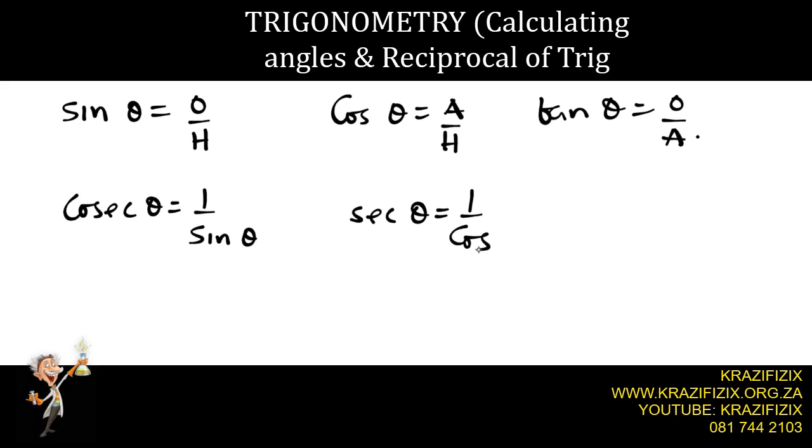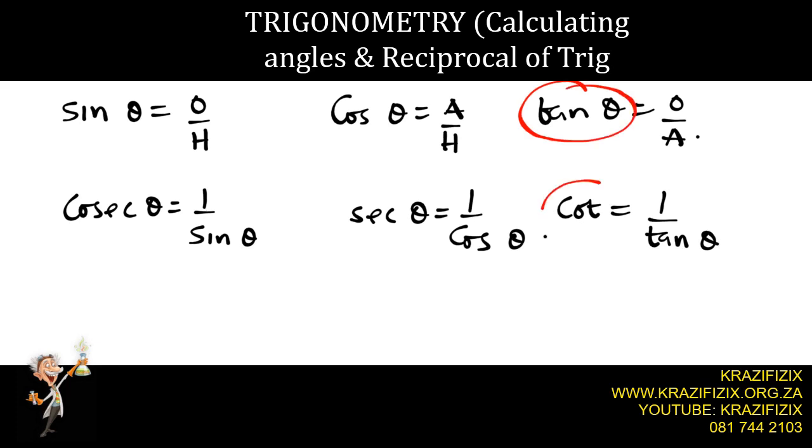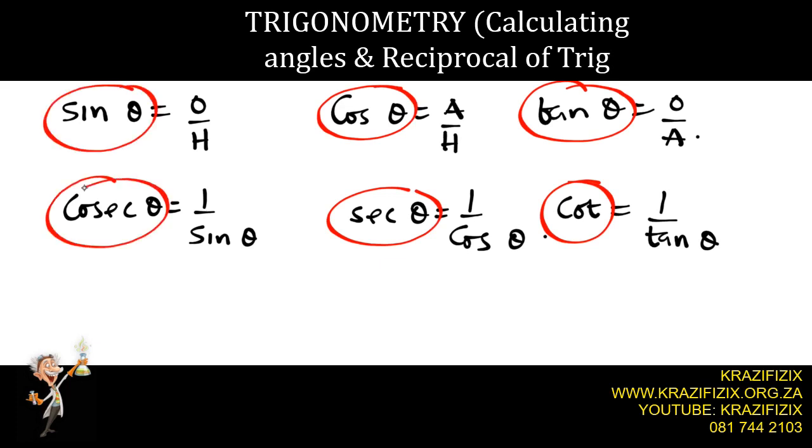And tangent, cotan, which is just cot, equals 1 over tan theta. So we need to know basically this: sine is for cosec, cos is for sec, and tan is for cot.